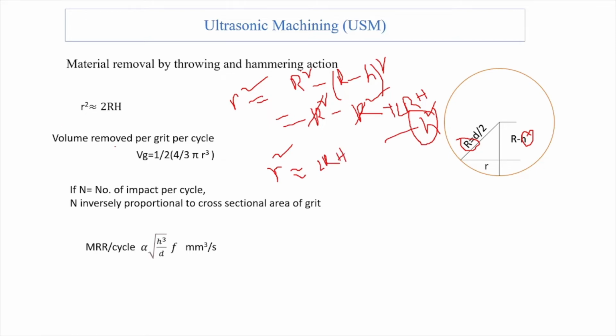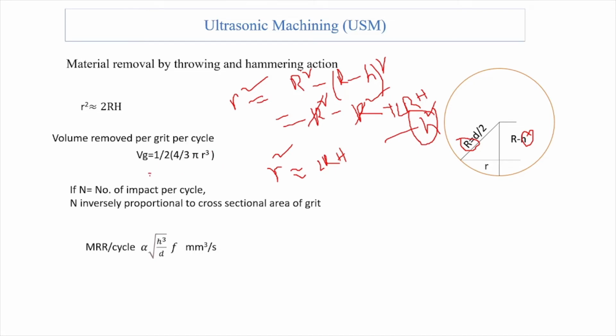Now the volume removed per grid per cycle, if we denote it as Vg, will be, you can imagine how much volume is removed per grid per cycle, half into 4 by 3 pi r cube, which is the volume of a sphere, right? So half of 4 by 3 pi r cube.